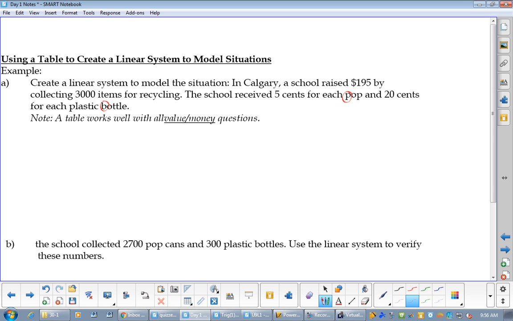P will equal pop and B will equal bottle. So give me yours now using those variables. Give me one of them.